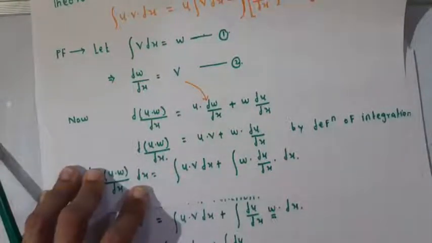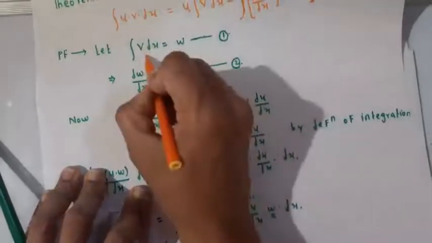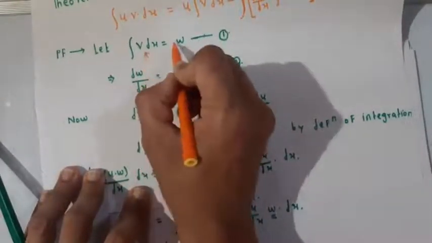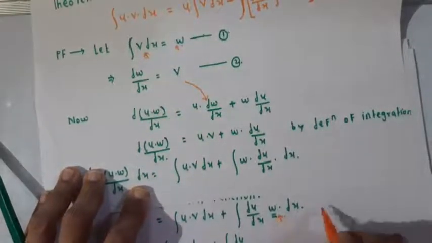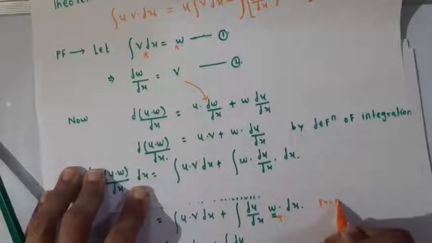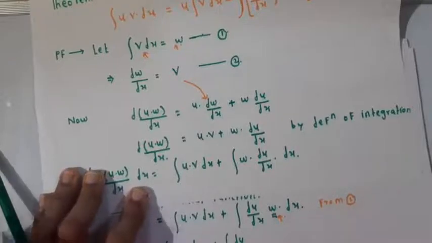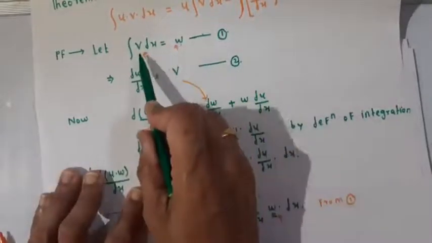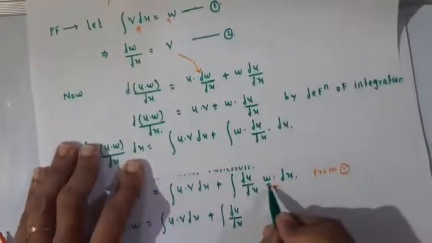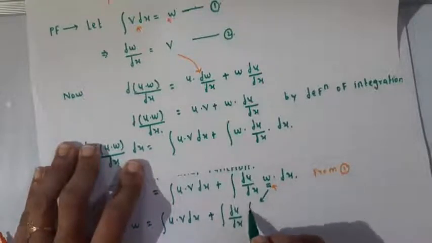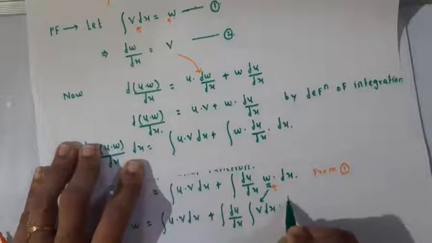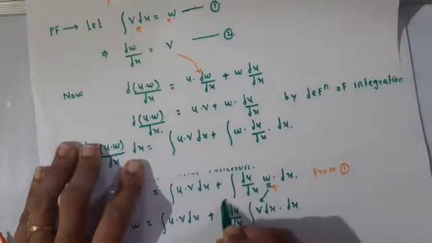This is the value of w, and we can put it. From 1 we can put w equal to the integration of v dx, and this dx is as it is.